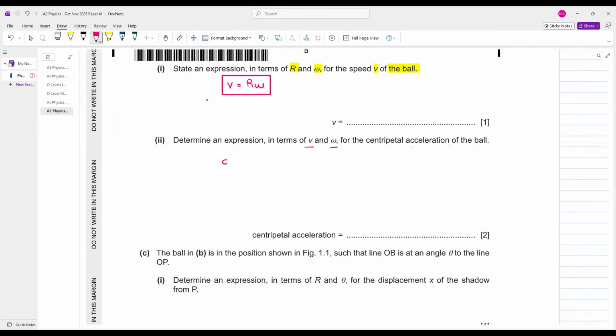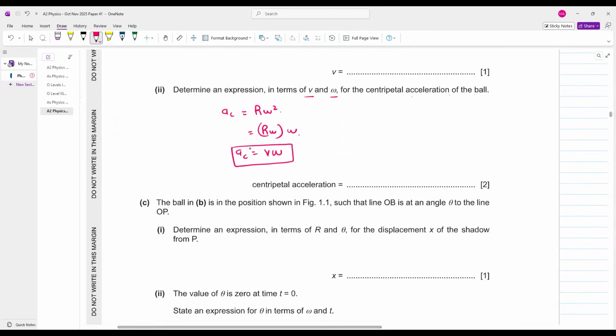Centripetal acceleration can be written as rW squared. rW is equal to v, so v multiplied by W is your centripetal acceleration.